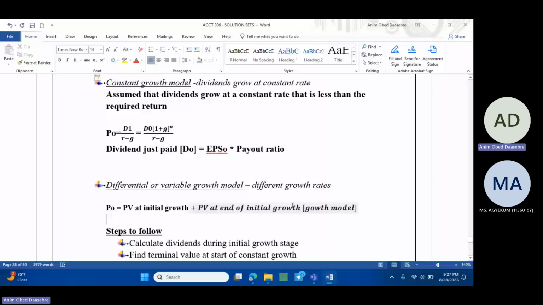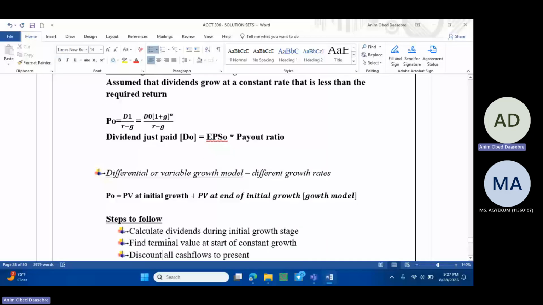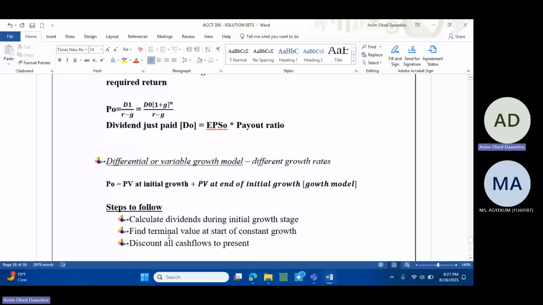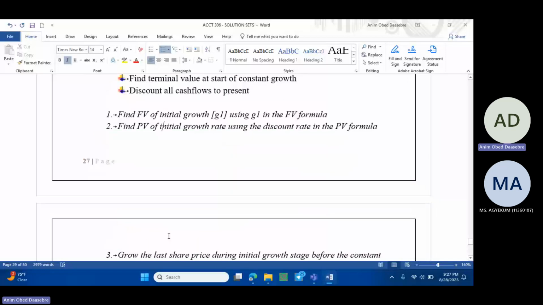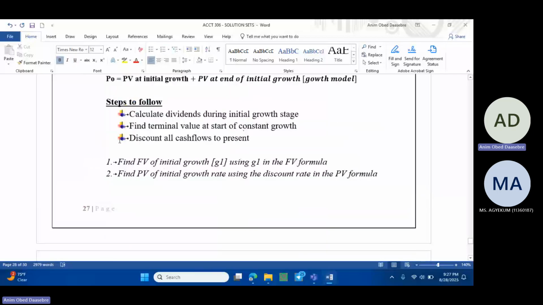So how do we use this formula to find the ordinary share price? The approach is this: you first have to calculate the dividend during the initial stage.